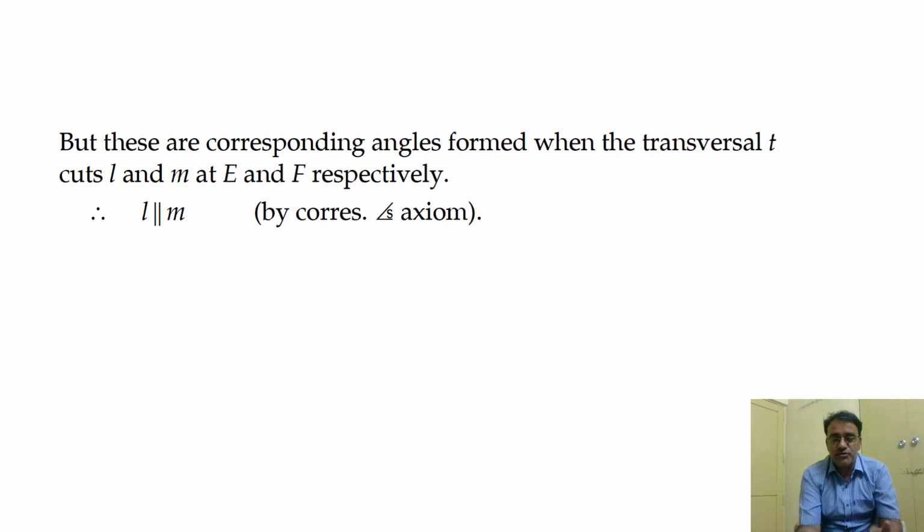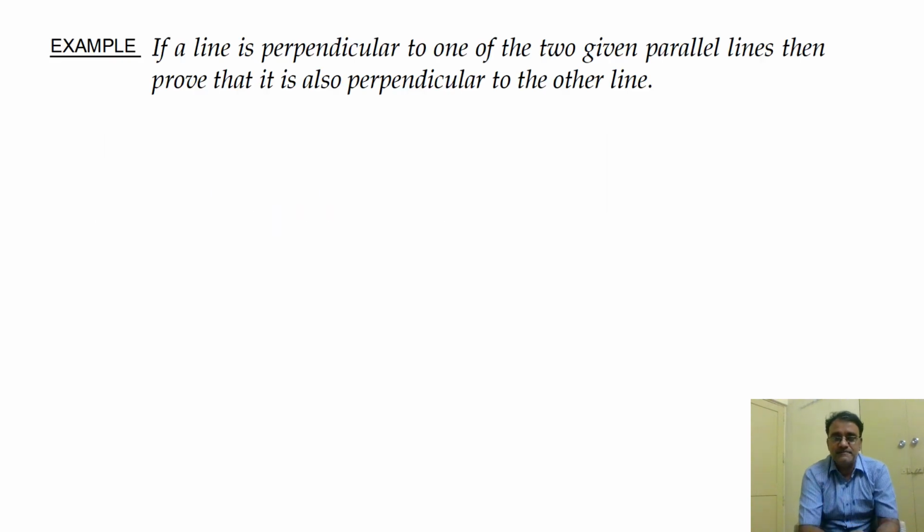सो 2-3 एग्जांपल्स कर लेते हैं इसके बेसिस पे, उसके बाद एक्सरसाइज नेक्स्ट सेशन में हम लोग स्टार्ट करेंगे. फर्स्ट एग्जांपल, if a line is perpendicular to one of the two given parallel lines, then prove that it is also perpendicular to the other line. अगर दो पैरेलल लाइन है, दोनों पैरेलल लाइन में अगर कोई लाइन एक पैरेलल लाइन का परपेंडिकुलर है, then it is perpendicular to the other line also.